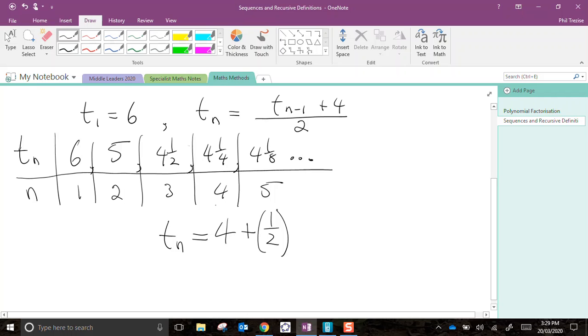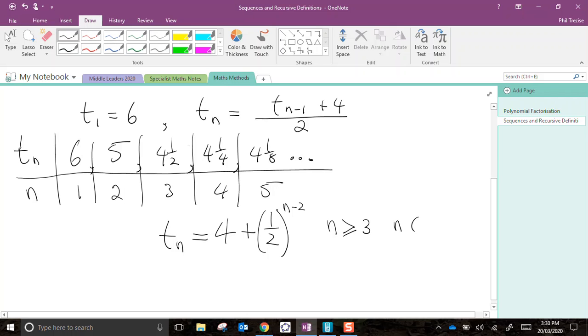This sounds like powers. And the power would be, in this case where n was 3, the power on half would be 1. In this case where n is 4, we'd want half squared. So it looks like it's n minus 2 as the power.